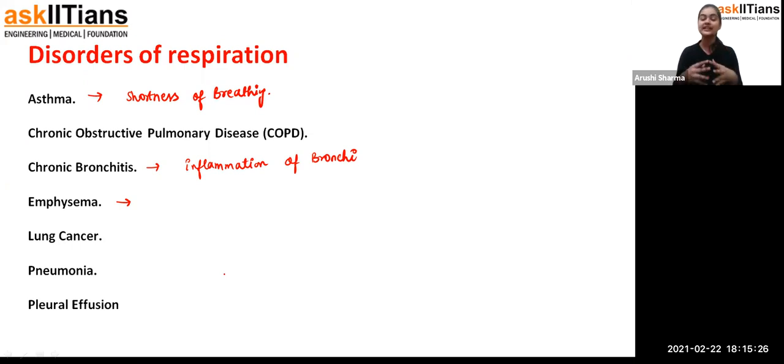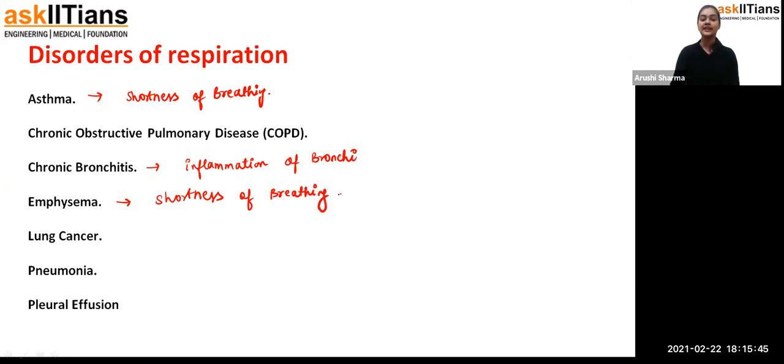That's how the whole body is getting oxygen. But in this type of disease, the air sacs of the human body are getting damaged. And when they are damaged, there is shortness of breath.